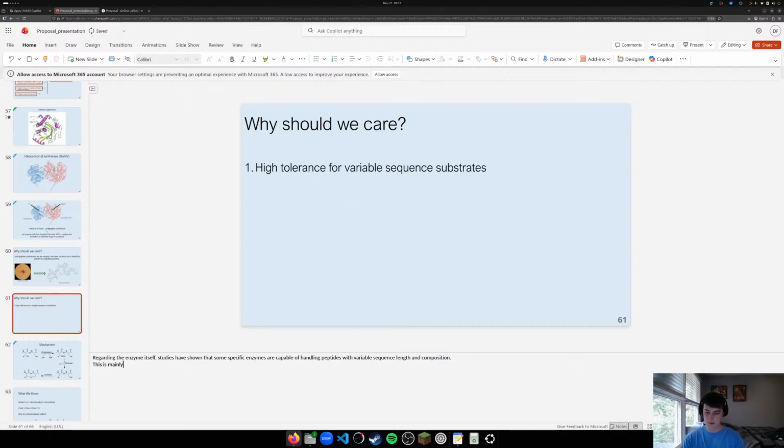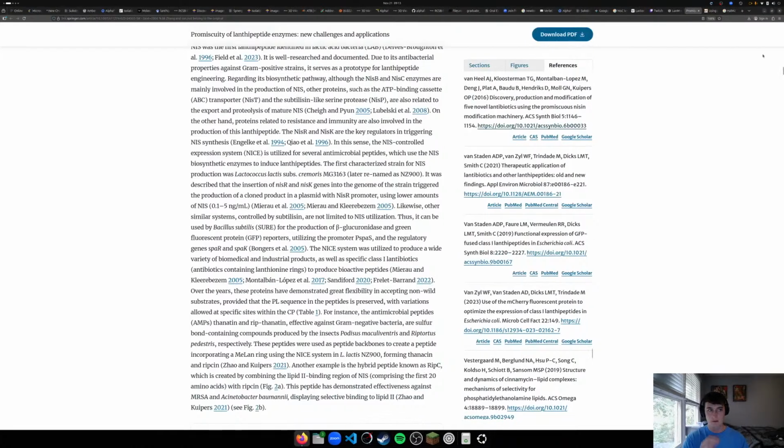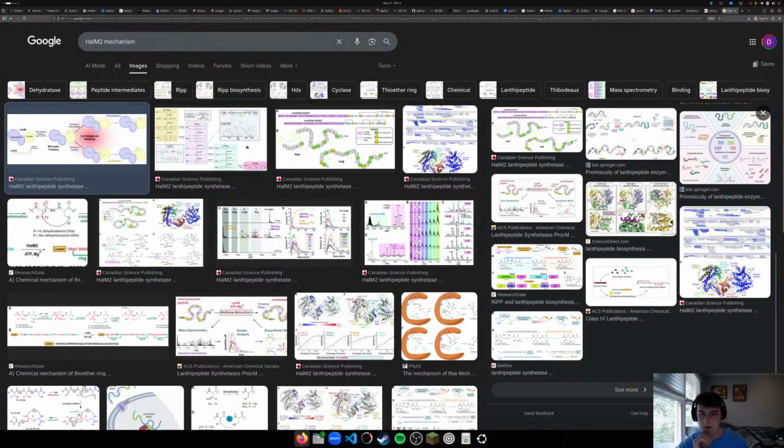This is mainly due to the fact that these enzymes have high binding affinity to the leader portion of the peptide, whereas the core can be more diverse in its sequence. So maybe I can't, maybe I will use this picture here.